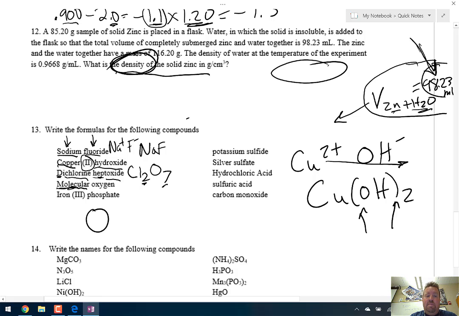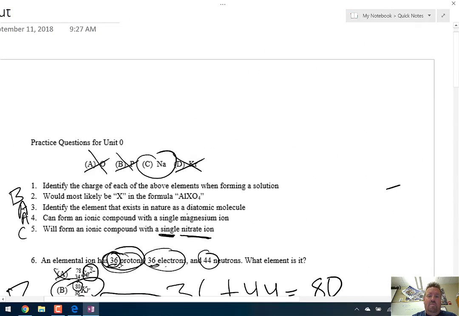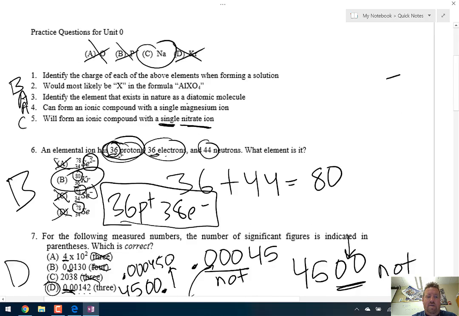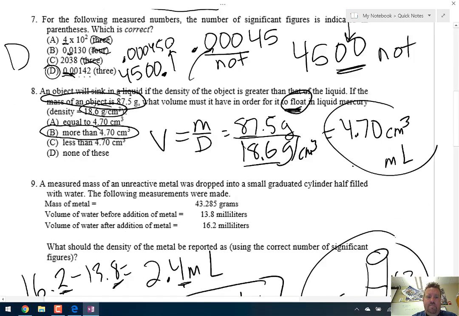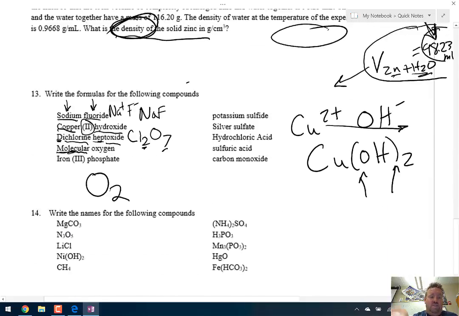But when I say molecular oxygen, that means a molecule of oxygen. And because oxygen is a diatomic molecule, as we talked about way back here at the beginning, I think I might have erased it, but when we're talking about that, we know that oxygen, when it's by itself, there's always two of them. So that is molecular oxygen, O2.